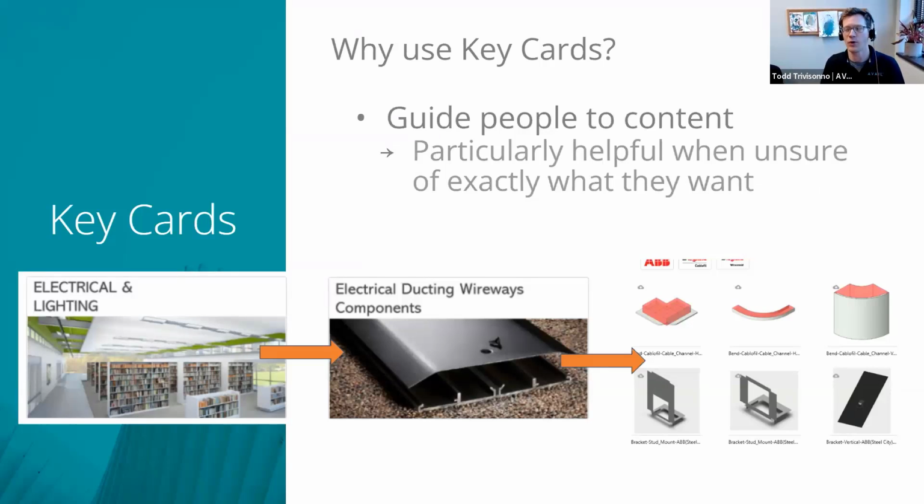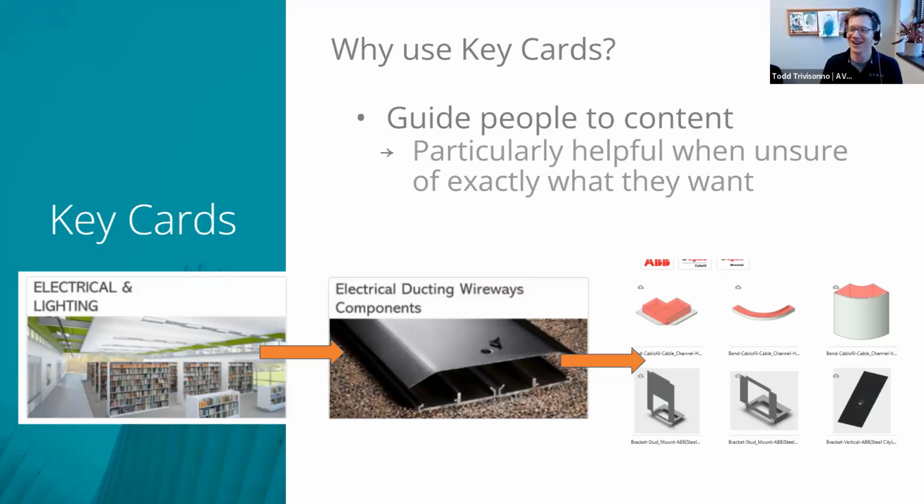And then lastly, I like to point out that it really helps guide people to content. Obviously they're all trying to find content, but by guide, I mean it's particularly helpful to have key cards when someone is unsure of exactly what they want. Sometimes if you go into AVAIL looking for a specific type of table, you type that into the search bar and you're likely to get right on top of that with a text search.